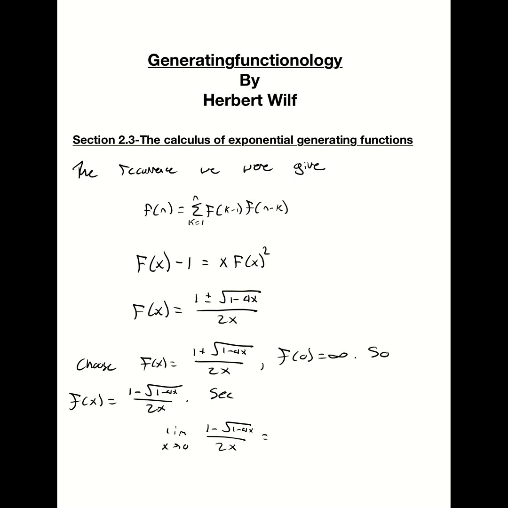You end up getting that this is indeed going to be equal to 1. Okay, so then we get that f of 0 is indeed equal to 1 here. And that is really, really great.